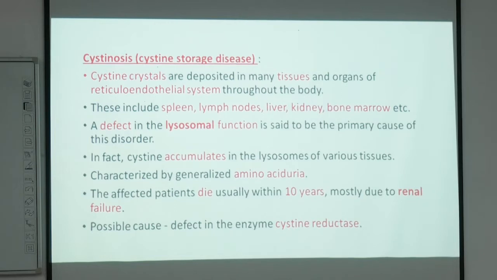So what is the function of cysteine reductase? Anyone? Huh? Cysteine reductase কোথায় আছে? So this is involved with the sulfur-containing amino acid metabolism and the conversion between cysteine and cystine.